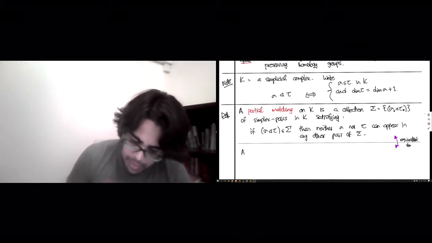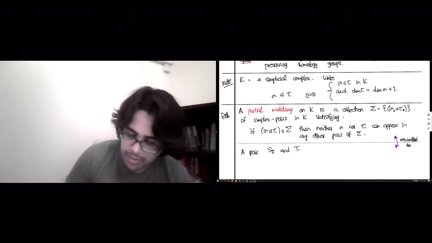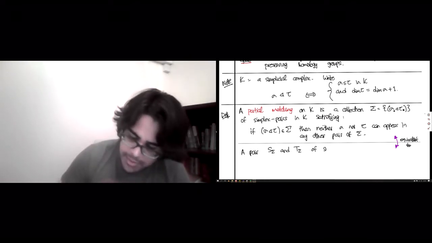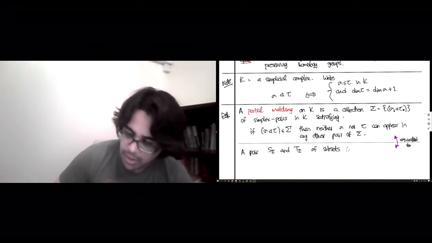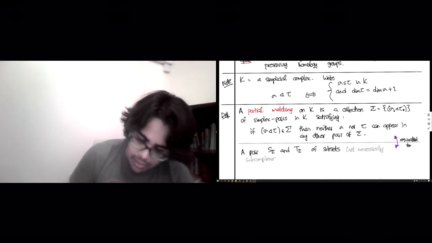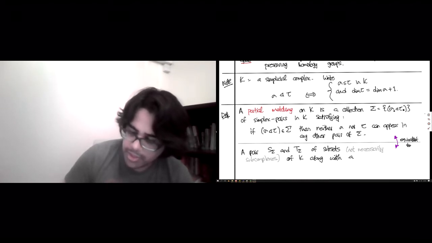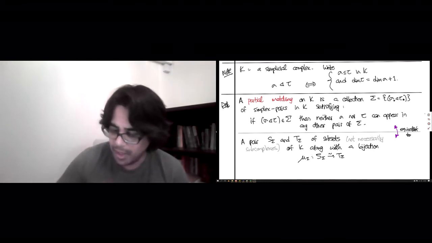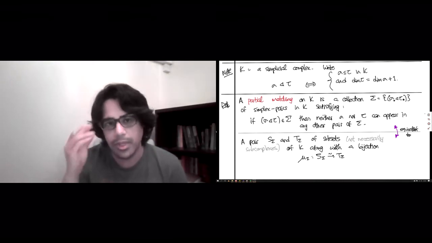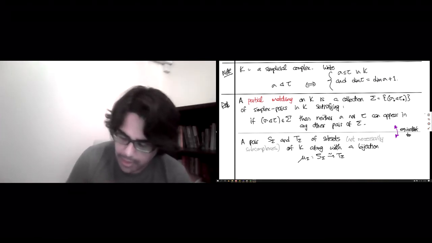A pair S sigma, so think of this as containing all the sigmas, and T sigma, this is the one that's going to contain the taus, of subsets, and I want to emphasize not necessarily subcomplexes, of K, along with a bijection, which I'll call mu from S to T. It's a bijection, so it's a one-to-one and onto mapping between the simplices in S sigma and the simplices in T sigma, and I want to say that these things are disjoint.